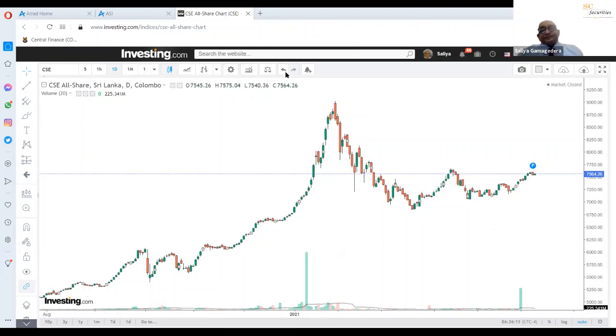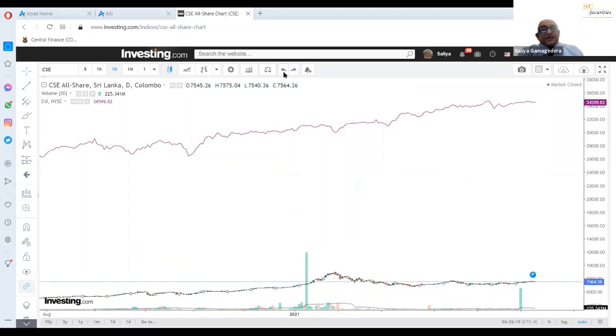The other feature is these buttons, where you can go back or come forward by using the forward and the reverse arrows, the way I just now did.